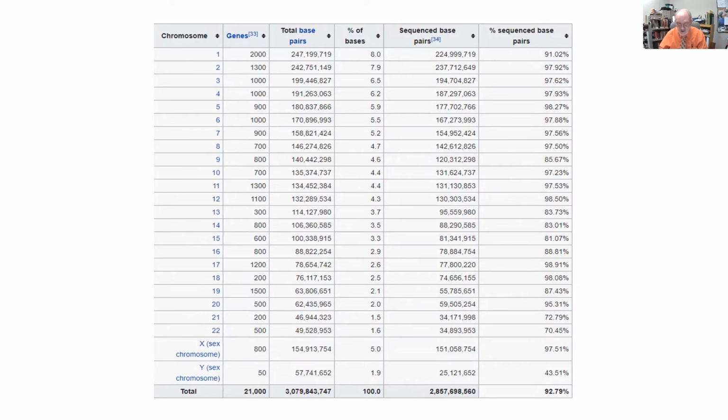The third column shows the approximate total number of base pairs, which is about 3,079,843,747 to be exact. It is almost beyond our imagination to realize how intricately made we are. All of this is in each one of our billions of cells.